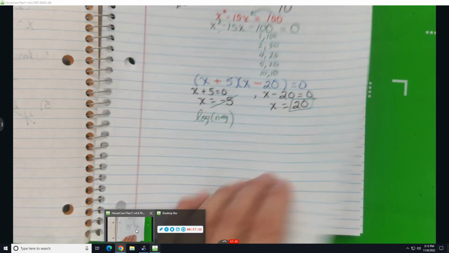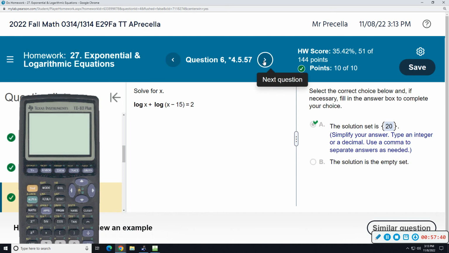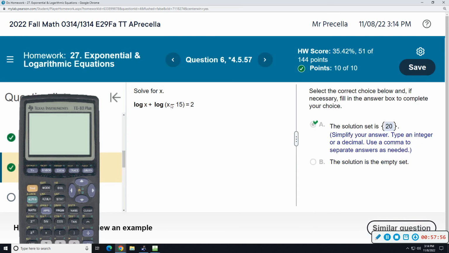Number 7, it just gets progressively more involved. Okay, using that problem-solving strategy, make it look like something you know how to do. We know how to do it if there's 2 logarithms on the left and a number on the right.